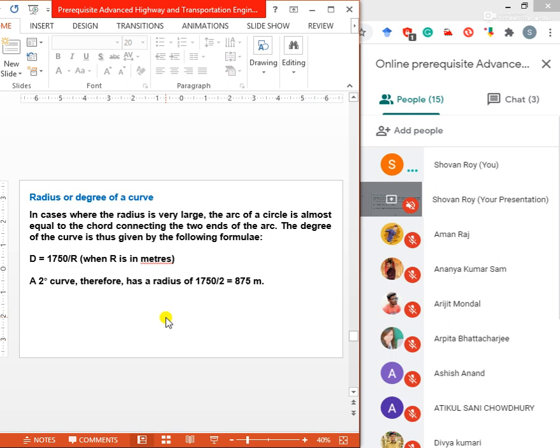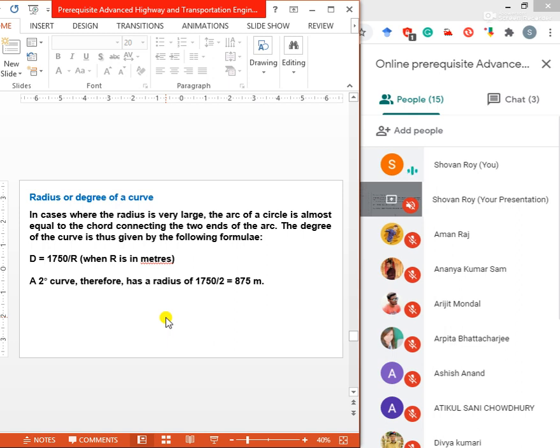So in case where the radius is very large, the arc of a circle is almost equal to the chord connecting two ends of the arc. The degree of the curve is thus given by the formula D equals 1750 by r.